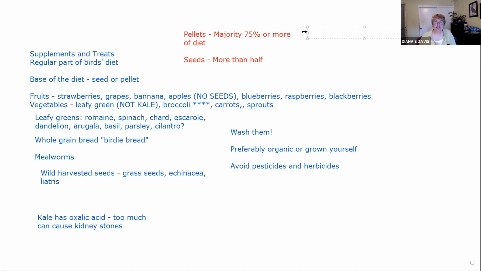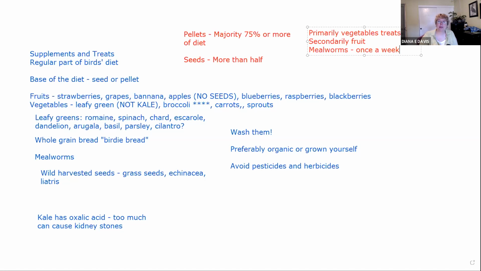The treats should be primarily vegetables. Secondarily, fruits. Too much fruit can cause diarrhea in birds, but it's a lot of fruit. Mealworms are the kinds of things that are maybe a once a week treat.